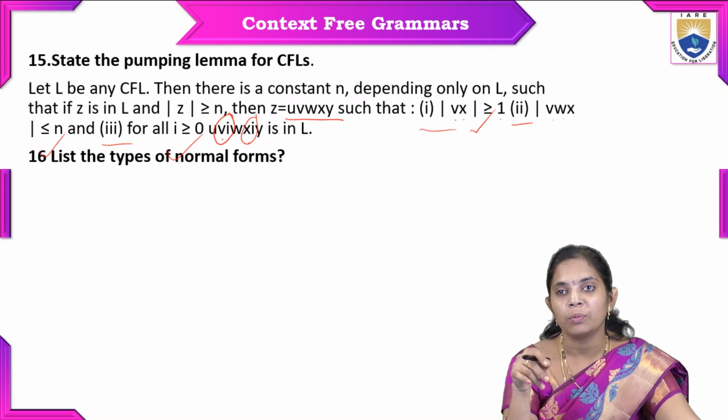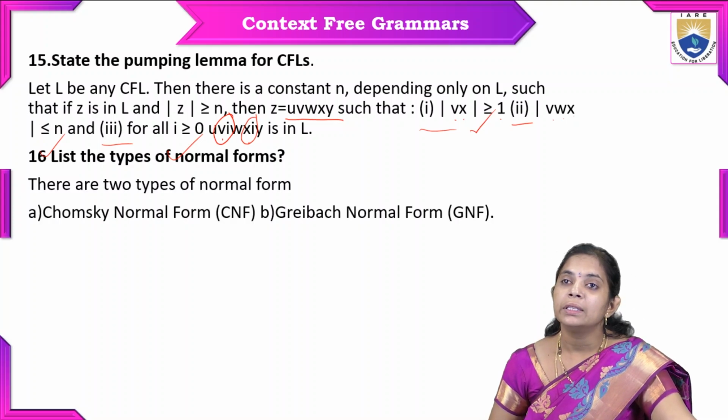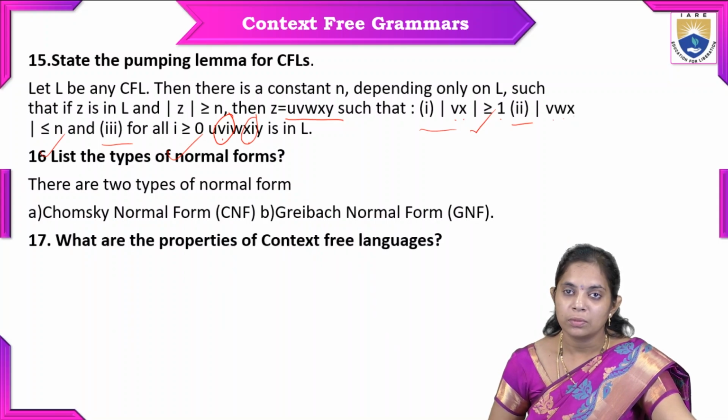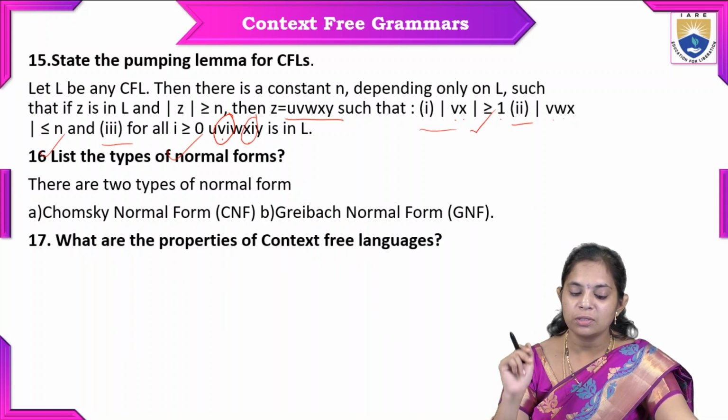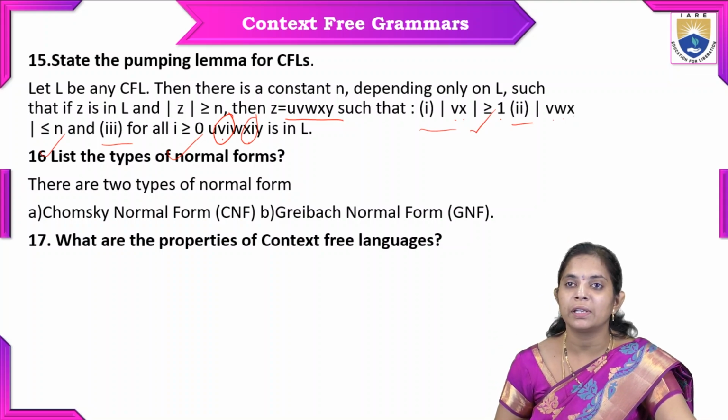List the types of normal forms. We have two normal forms: one is the Greibach normal form and the other is Chomsky normal form. And what are the properties of context-free languages? We have some properties for the context-free languages.